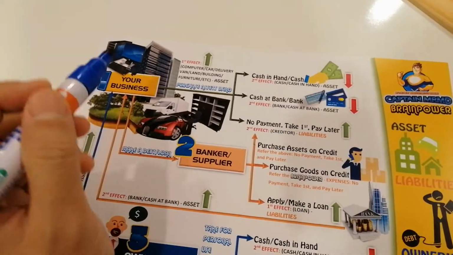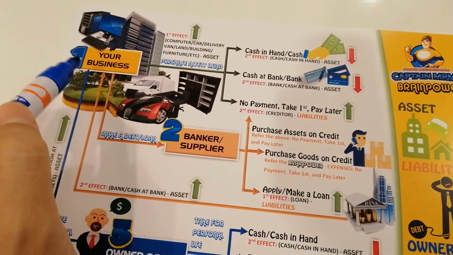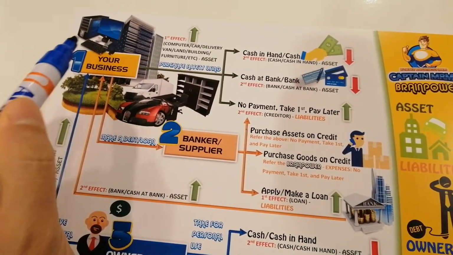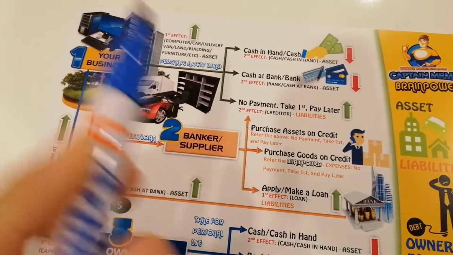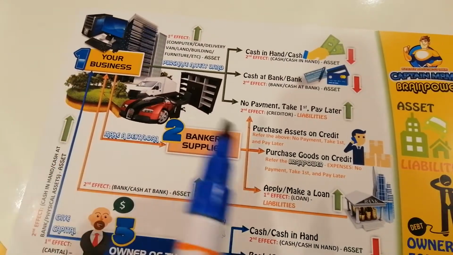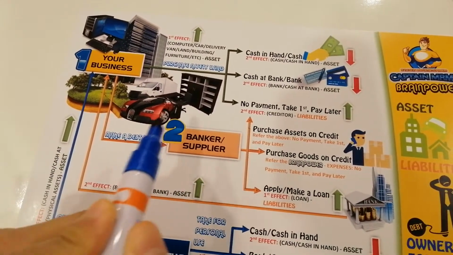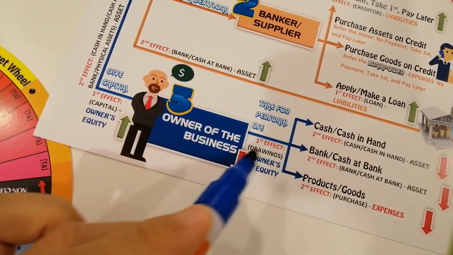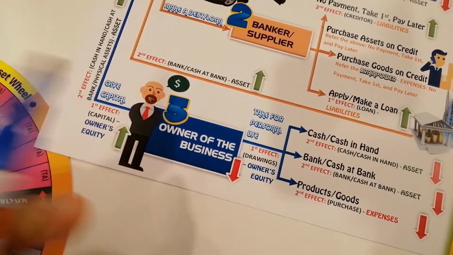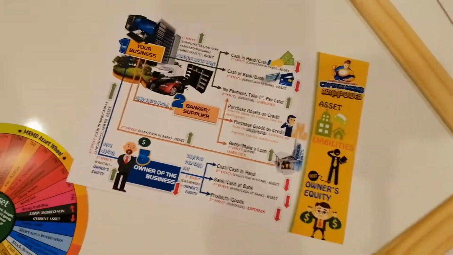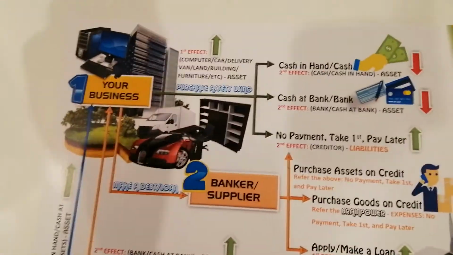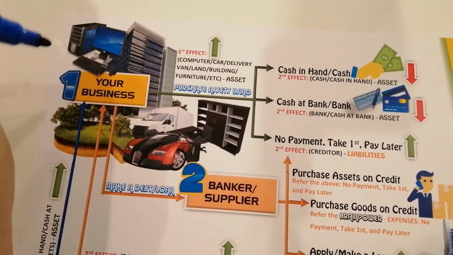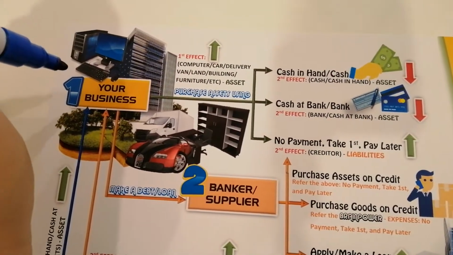So here you can see that your business is the first character in this story. The second character is banker or supplier. The third character is owner of the business. Normally in accounting, we have transaction.